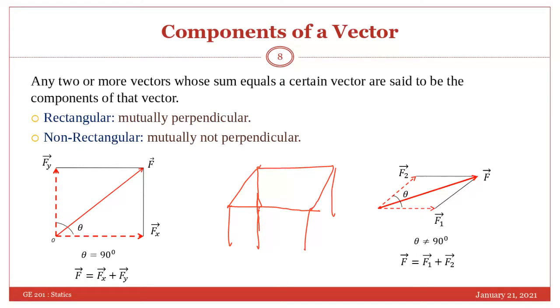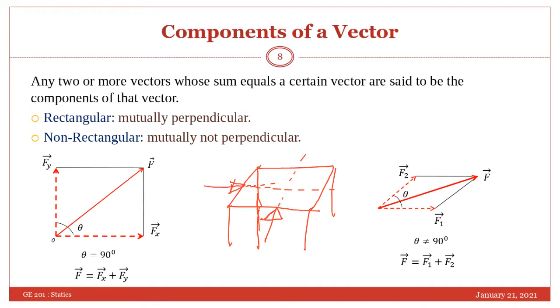You can apply one force, one person can apply the force here by his hand, and another one can apply the force here by his hand. Now, in which direction this table has tendency to move, that you can find out by adding these two vectors by law of parallelogram.